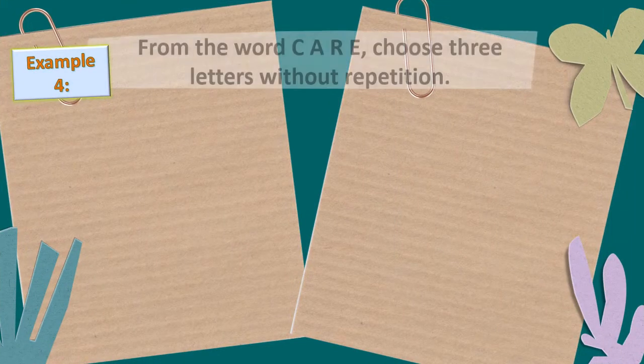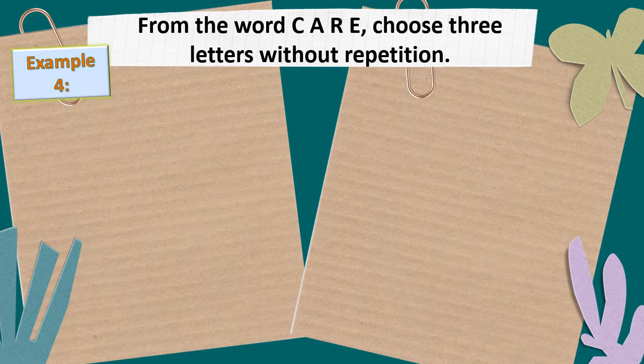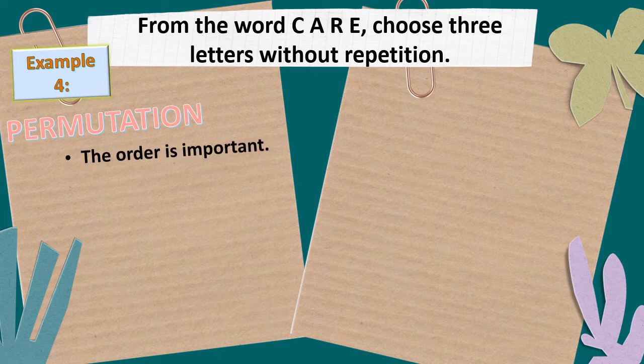Example number 4. From the word care, choose 3 letters without repetition. In permutation, of course, the order is important.